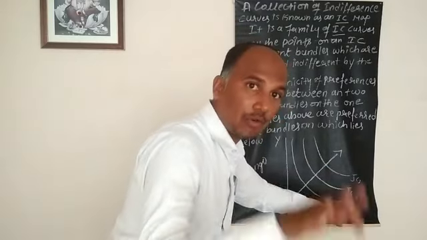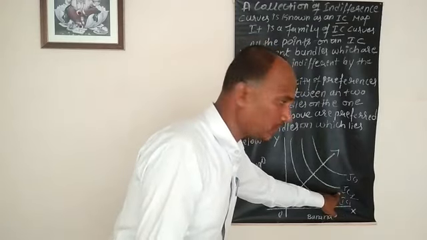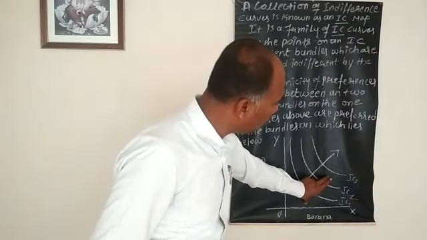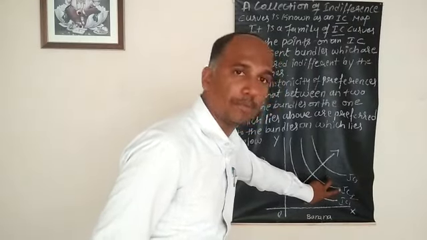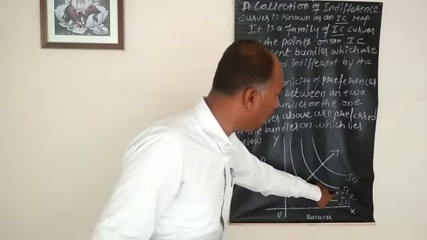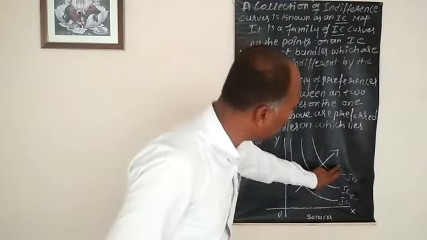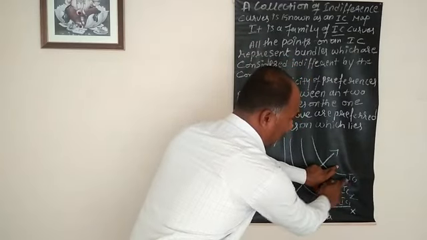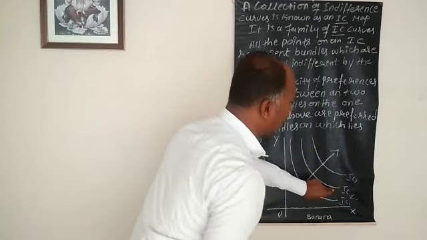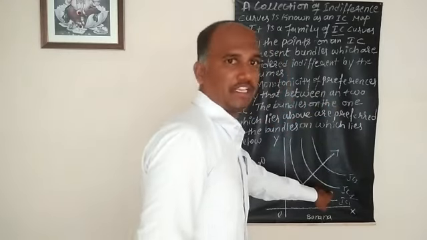Here, IC1 gives less satisfaction than IC2, and IC2 gives less satisfaction than IC3. So, if there are only two indifference curves, IC1 and IC2, the consumer's preference is IC2 because IC2 gives more satisfaction than IC1. On the other hand, if there are only IC2 and IC3, the consumer prefers IC3 over IC2 because IC3 gives more satisfaction than IC2.